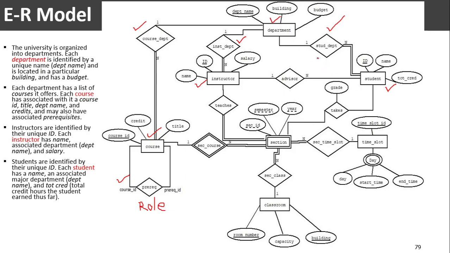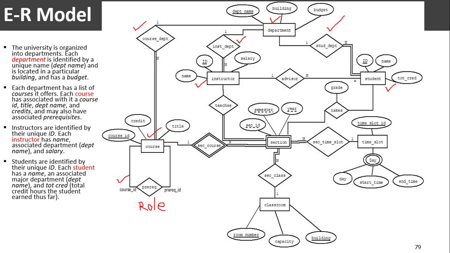So look at the cardinality. Once again, from department to student it is 1 to n and student is participating totally. So every student that we are having must be associated with at the most one department. Okay, so one student should be associated with one department. So we are having this cardinality of the student department.